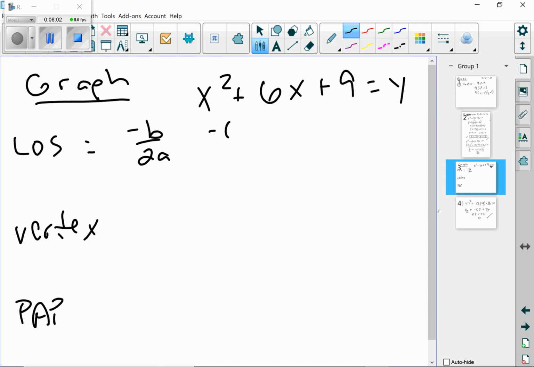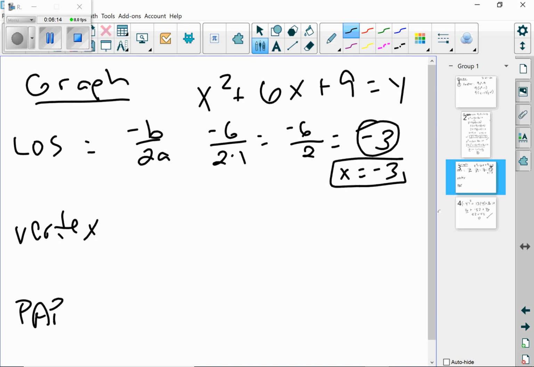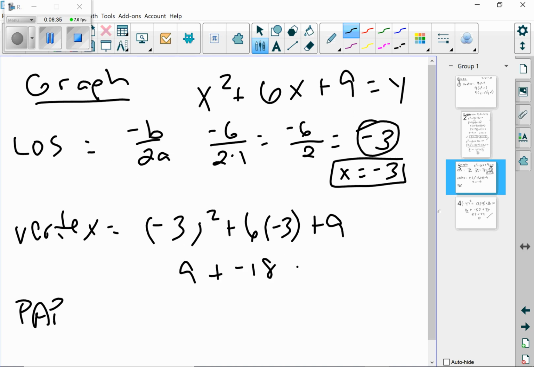The opposite of b is negative 6 over 2 times 1, which equals negative 3. So our line of symmetry is x equals negative 3. Remember, that's a vertical line. That's the line of symmetry for the parabola. For the vertex, you plug that line of symmetry number, negative 3, into the equation and solve for y. So it's negative 3 squared plus 6 times negative 3 plus 9. That's 9 plus negative 18 plus 9, which gives us 0. So my vertex is negative 3, 0.